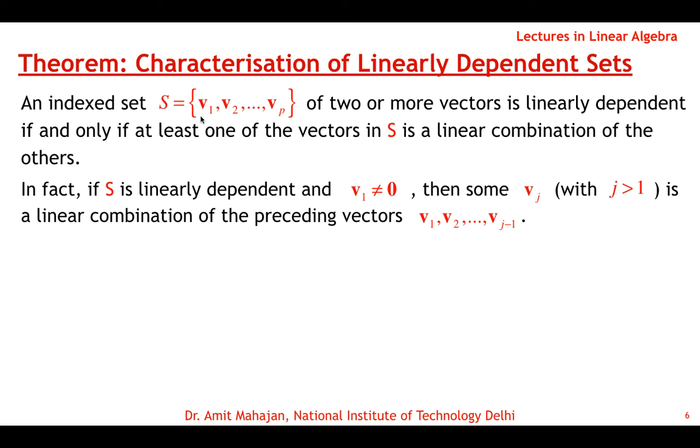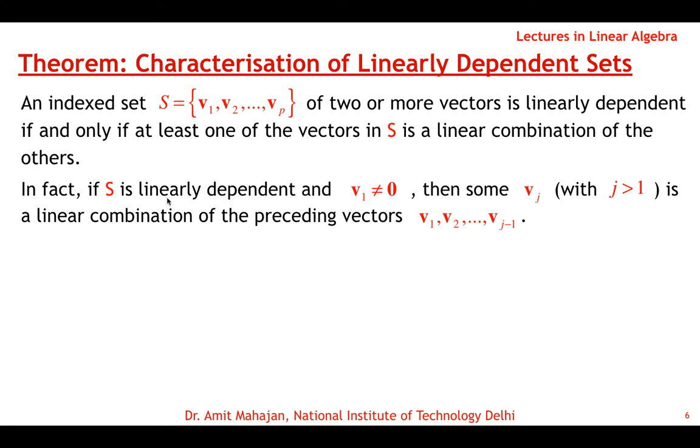Clearly see this statement says that if it's a linearly dependent set, it doesn't mean that every vector is a combination of the others. It simply says that at least one of the vectors is a linear combination of the others.